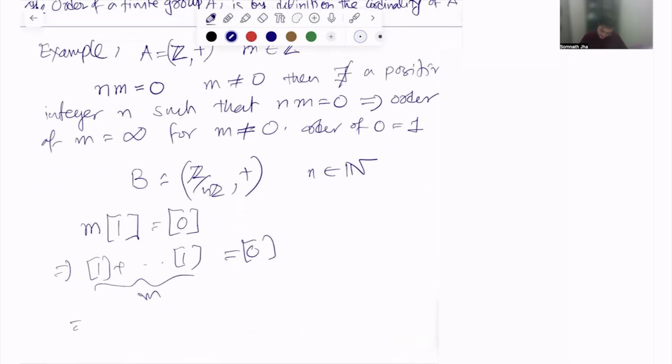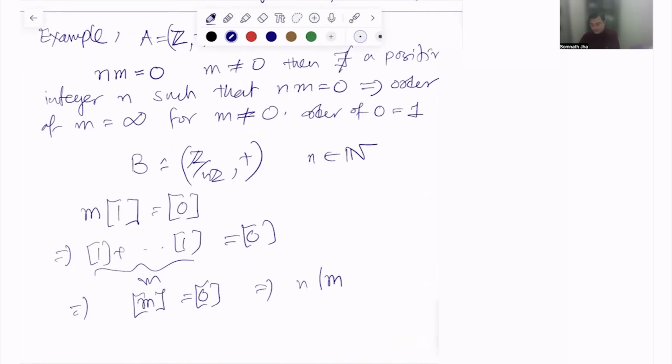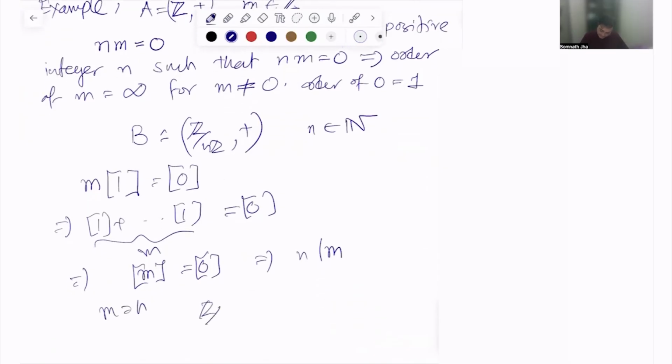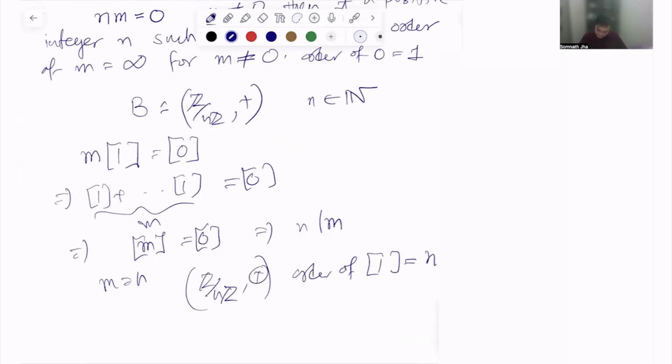That means m equals 0 mod n, right? So that means n divides m. What will be the smallest possibility? m equal to n. So in Z mod nZ, plus, the order of 1 equals n, where plus is the addition of equivalence classes we have defined.